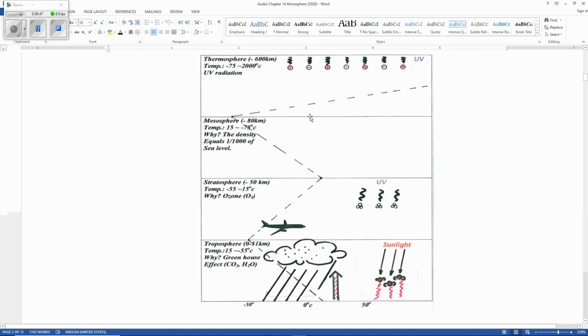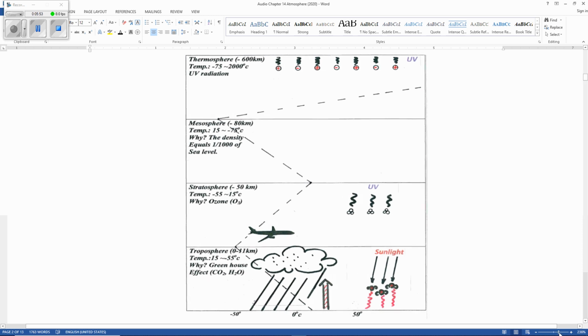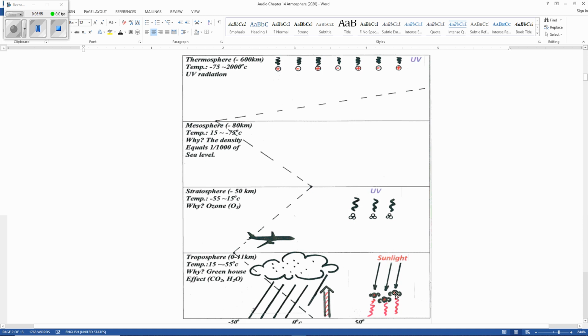Now, about the four regions, we should know their names and their order. The first one is called what? The second one is called what? Start from sea level. This is the altitude.